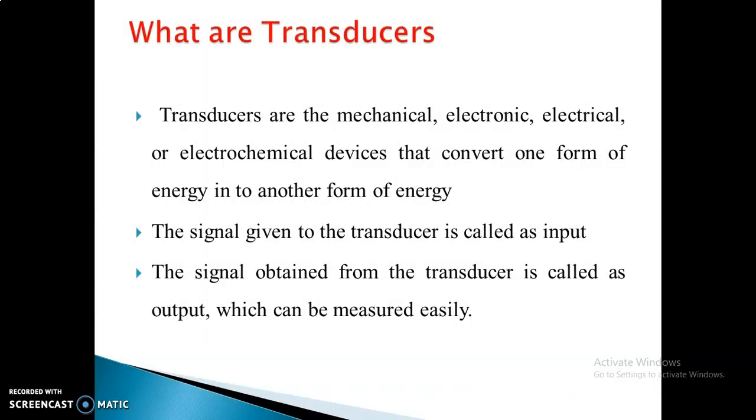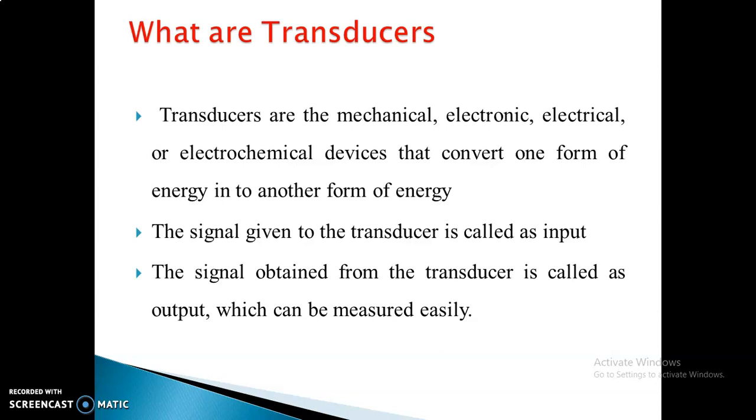What are transducers? Transducers are either mechanical, electronic, electrical or electrochemical devices. A transducer is a device which is used to convert one form of energy into another form of energy.